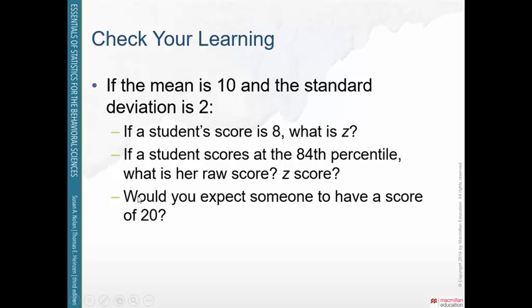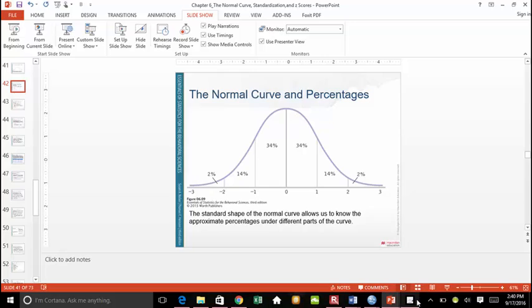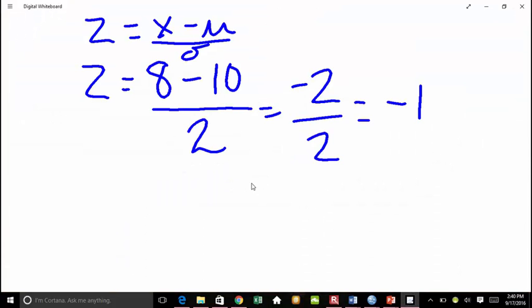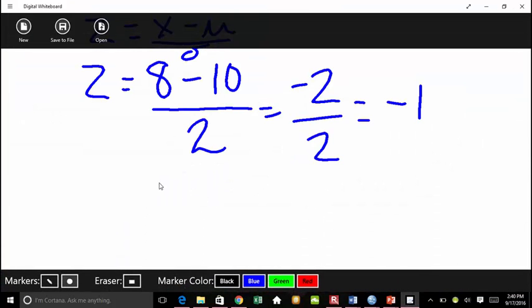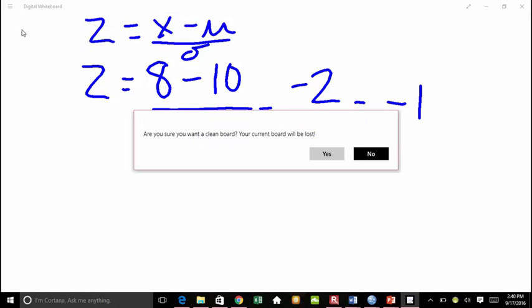This is a good question here. Would you expect someone to have a score of 20? So if the mean is 10 and the standard deviation is 2, how likely is it for someone to get a score of 20? Again, let's draw a distribution.